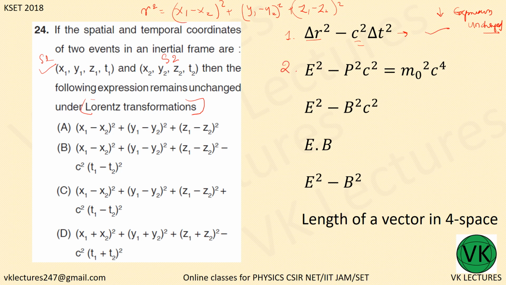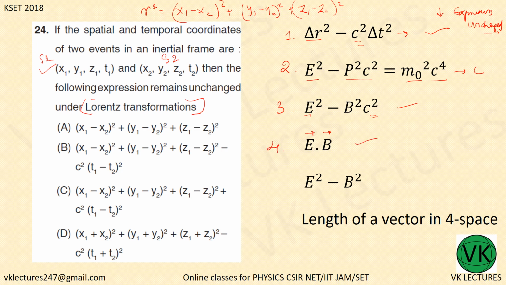The second one, E square minus p square c square equal to m naught square c power 4. This also remains constant. Third one, E square minus B square c square, this is also constant. Dot product of E and B, this is also constant.